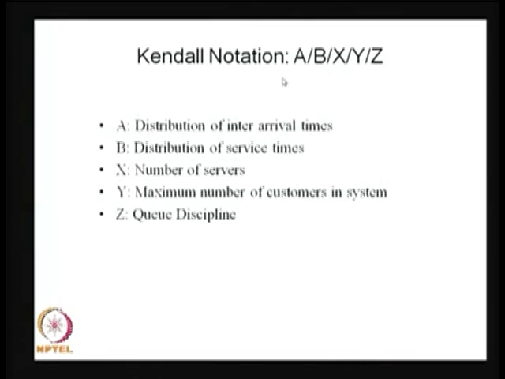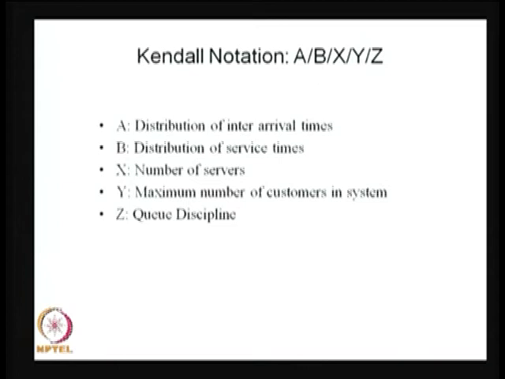A denotes the arrival pattern information. Here A denotes the distribution of inter-arrival time. The second one, capital B, whatever letter you assign for it, denotes the distribution of the service time.